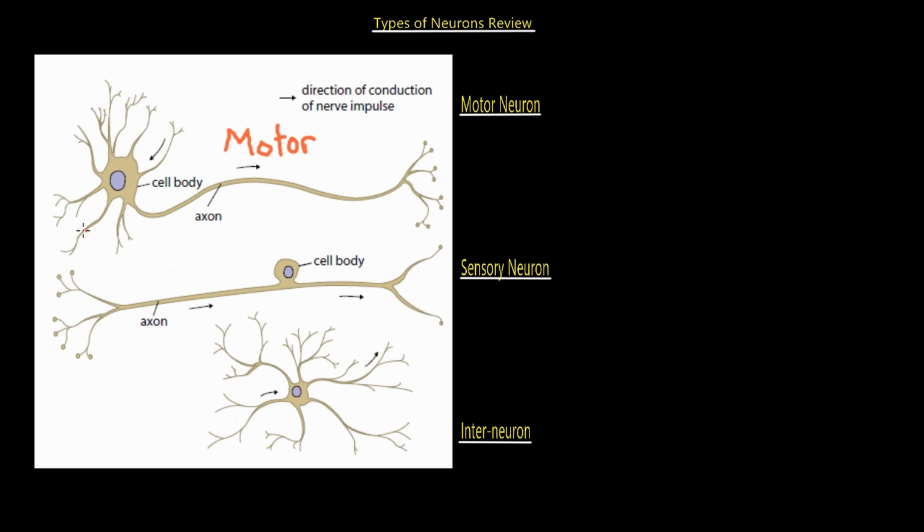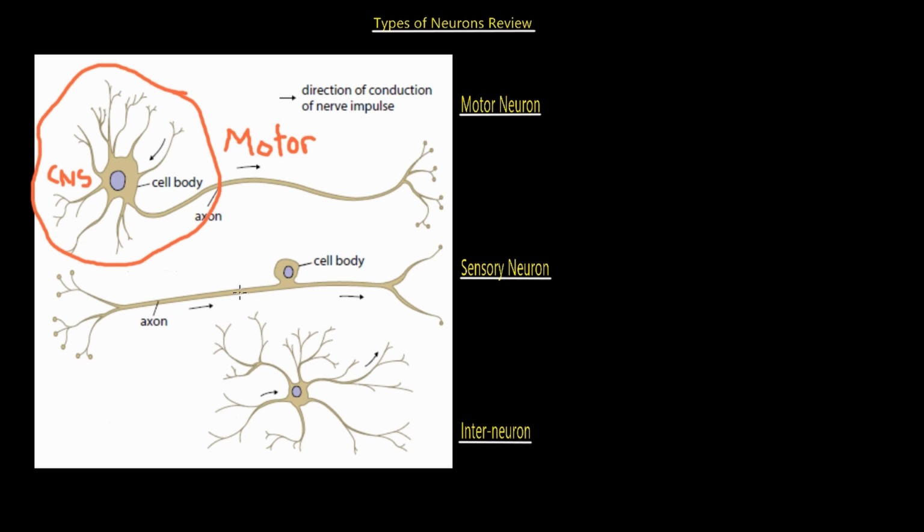The cell body and the dendrites are located in this orientation because the cell body of the motor neuron lies within the spinal cord or the brain, so within the central nervous system.